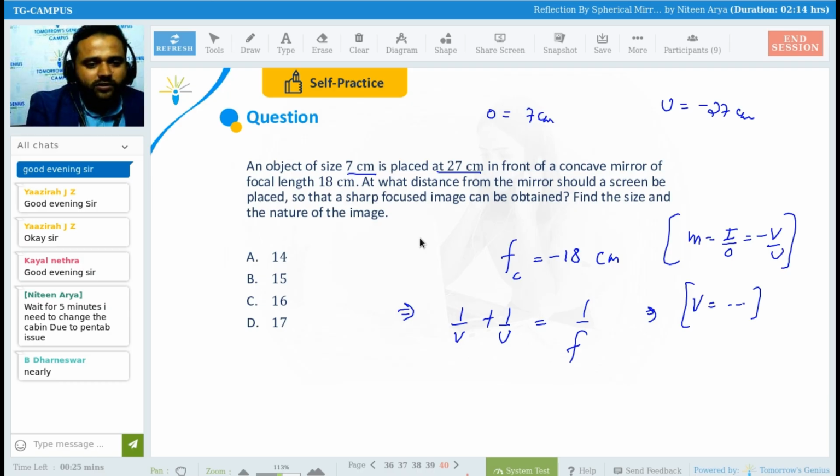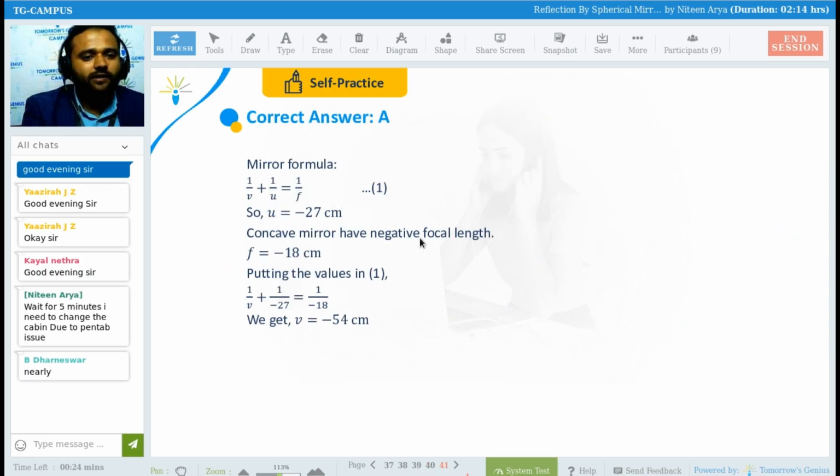I need to check, beta, is this 14 or something else? Yes. A. If two students get A, so obviously the answer A is correct. The rest is incorrect. So using mirror formula, we can get V equals minus 54 centimeter.